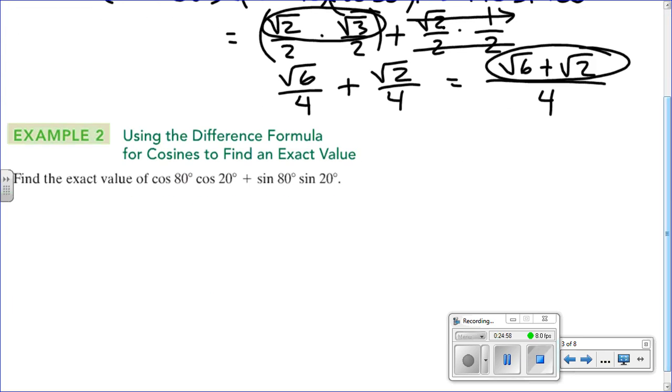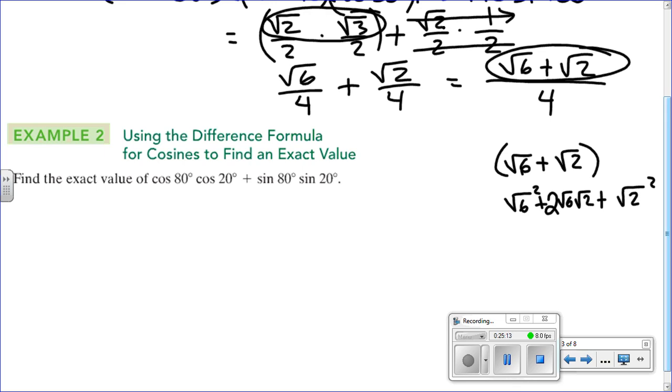But if you square this, Trisha, it's not just going to be that squared and that one squared. You're also going to have a term in the middle, which will be twice the product of the square root of 6 times the square root of 2. So it will make it even worse. You just leave it like that.